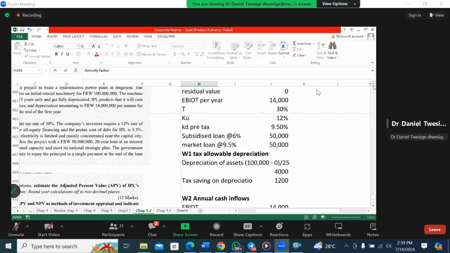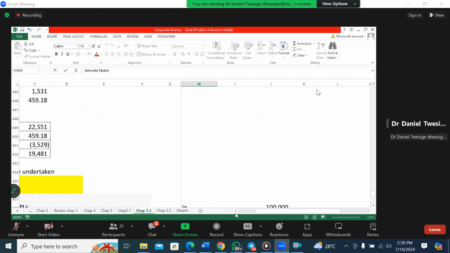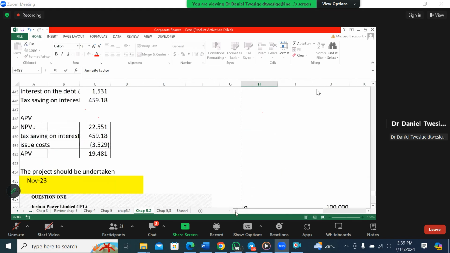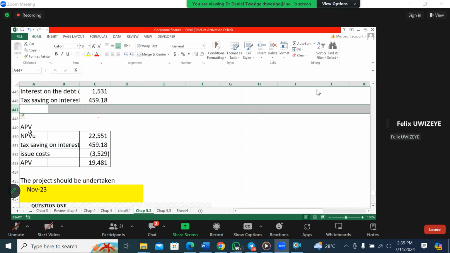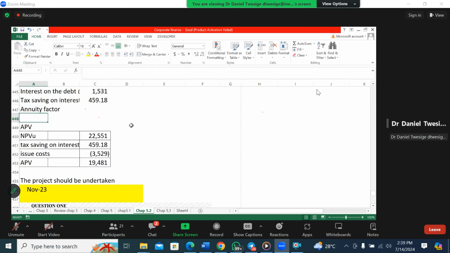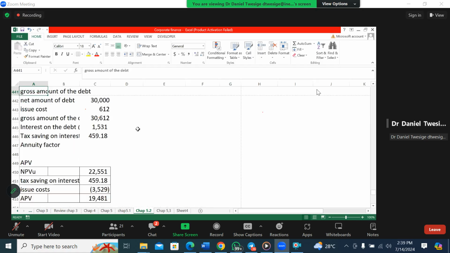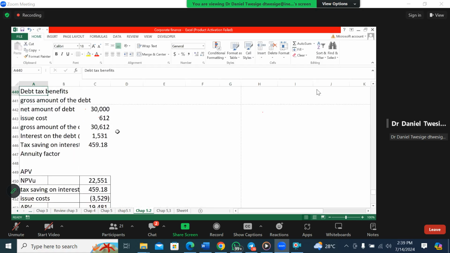I'm going to correct it. It was here. I'll not add the annuity here. I can add the annuity factor, because it is for 3 years. And our rate was how much? Is it 5%?